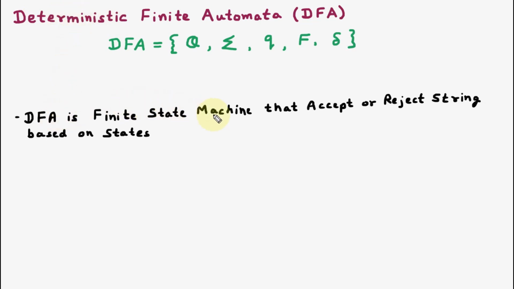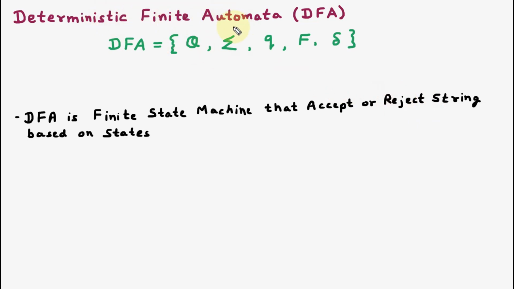So it is a machine which has a finite number of states, and it accepts or rejects the string based upon the states. In the DFA, if the string is processed and afterward it reaches the final state, in that case it is accepted, otherwise it is rejected.